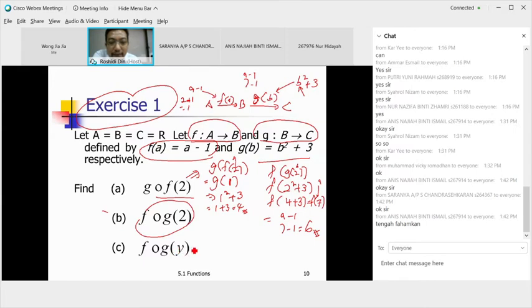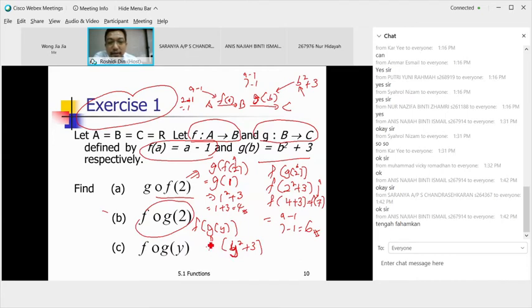Now FGY. As previously, for FGY we just replace with Y only. So G of Y is B square plus 3, so it will be Y square plus 3.